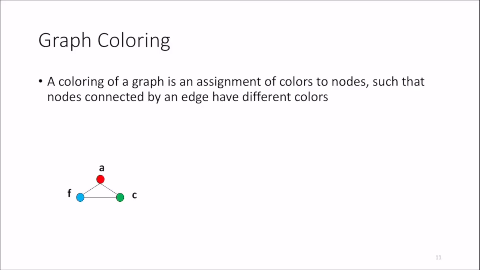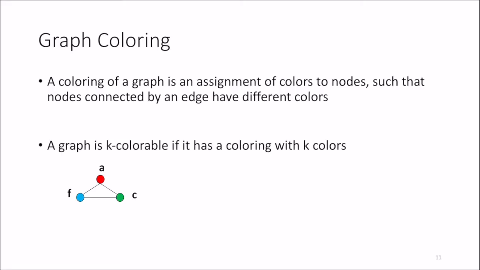If we assign colors to these nodes, each color representing a register, then a graph is k-colorable if it has a coloring with k colors. So in this case, we can assign 3 different colors to the nodes, and so this particular graph has a valid assignment because across every edge you have different colors.